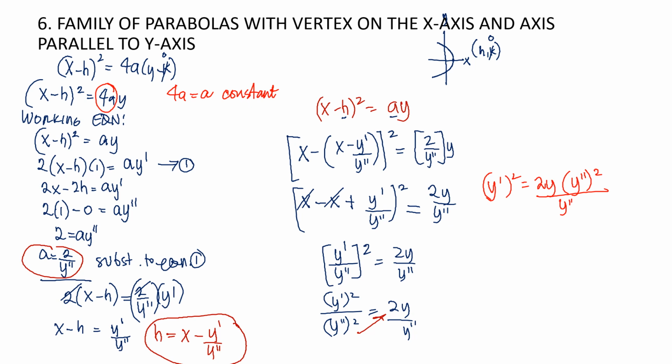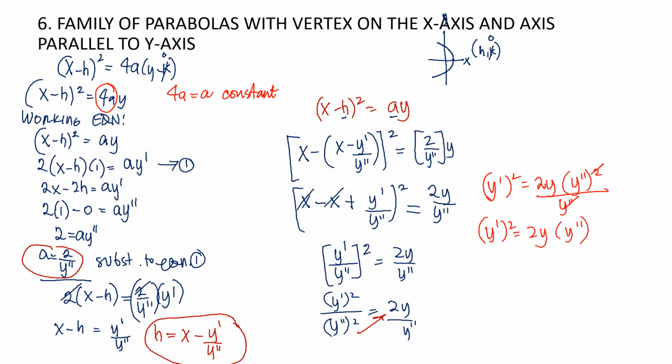So, from here, we can cancel out the 2, and then our y double prime on top is raised to 2, and we have a single y double prime below, so we can remove one. So, our remaining equation will be y prime squared is equals to 2y double prime.